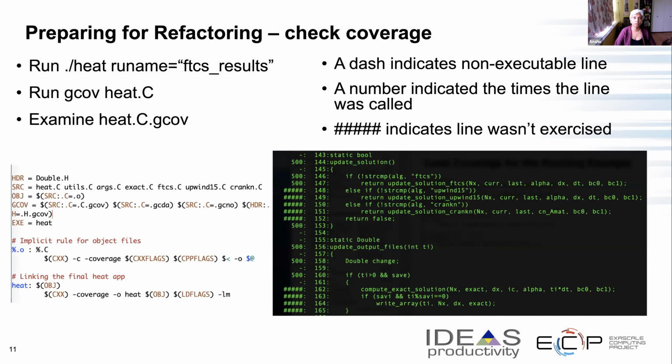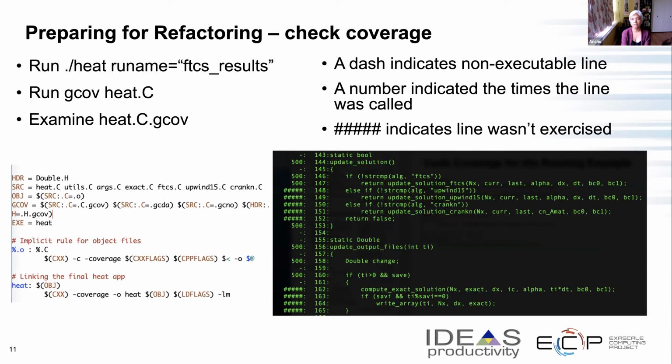The first thing we do is run code coverage. We run heat with runtime of ftcs.result, and we get the gcov of heat.c and examine it. When you're looking at the coverage, a dash indicates a non-executable line. As you see, wherever there are curly brackets, it's a non-executable line.